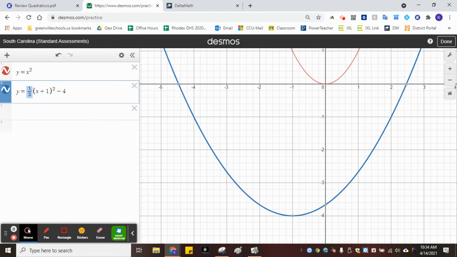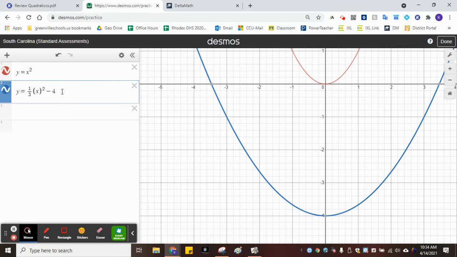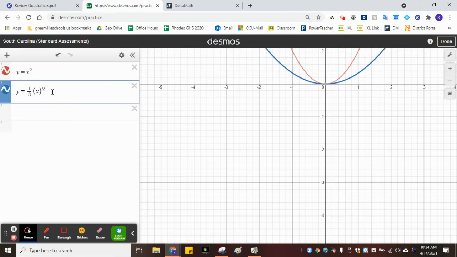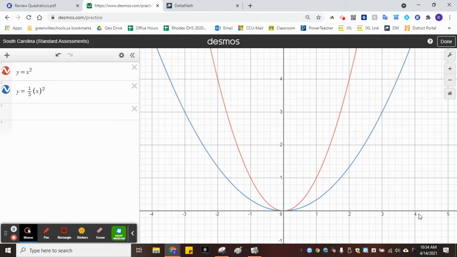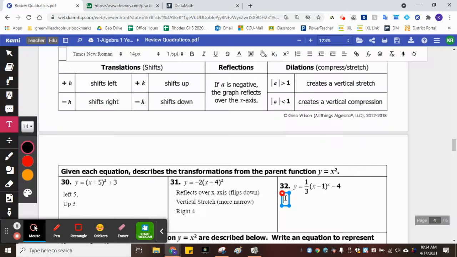The 1/3, you can see, if I just have the 1/3, what does the 1/3 do? From red to blue, it makes it wider. So that's a vertical compression.